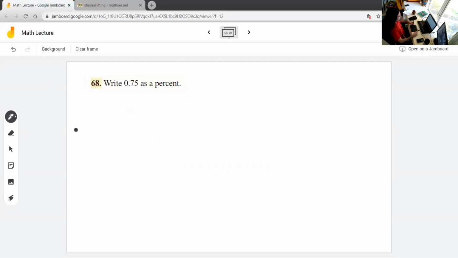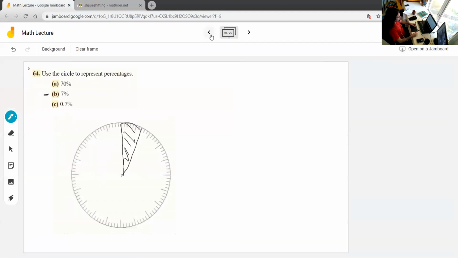So I want to take this 0.75 and put a percent symbol on the end. But that changes it. I can't just change a number because I want to. So if I'm going to put on the percent symbol, I also have to put on the opposite of one of my four things to balance it out.